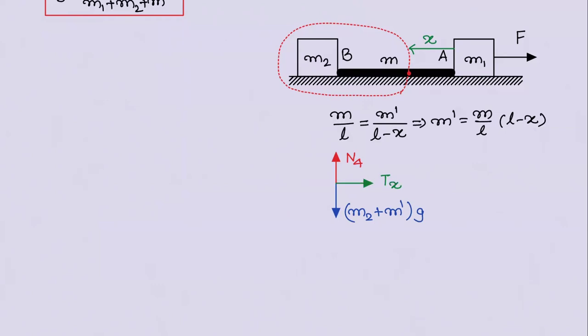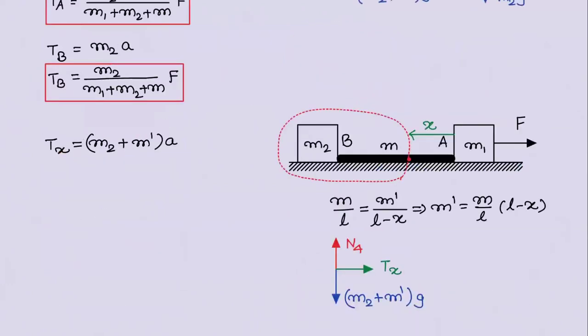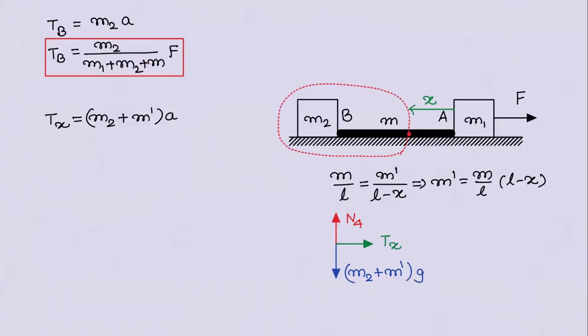So Tx is equal to (m2 plus m dash) into a, and we'll take the value of a from equation 1 and substitute here. Then we'll get Tx is equal to (m2 plus m dash) by (m1 plus m2 plus m) into F. Now we have to substitute the value of m dash from here and we'll get the answer.